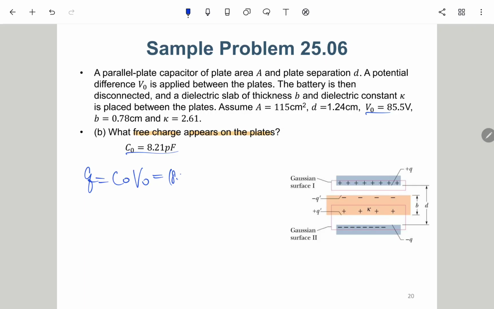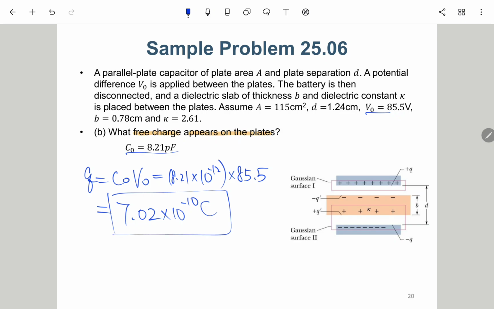So this is 8.21 times 10 to the negative 12, times 85.5 volts. So the charge amount will be 7.02 times 10 to the negative 10 coulomb. So this is the charge. So far pretty straightforward. We just make use of C equals epsilon naught A over D, and then Q equals CV.